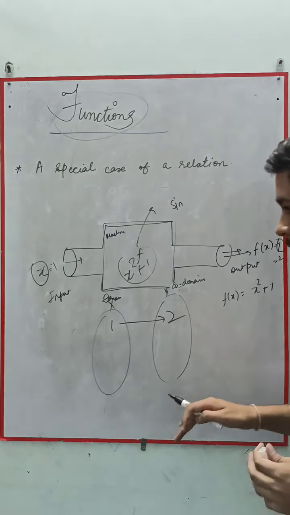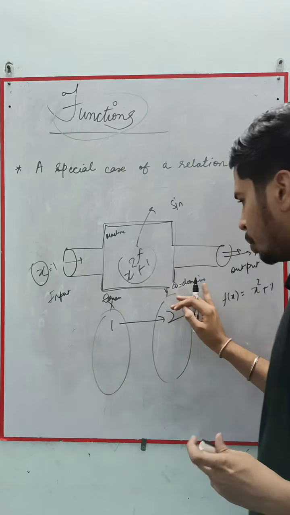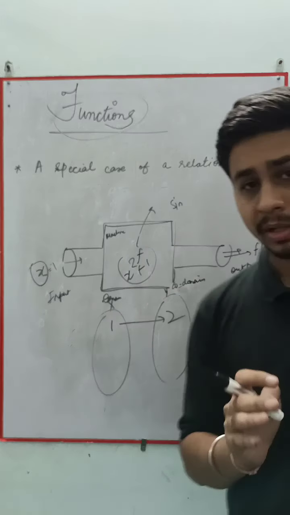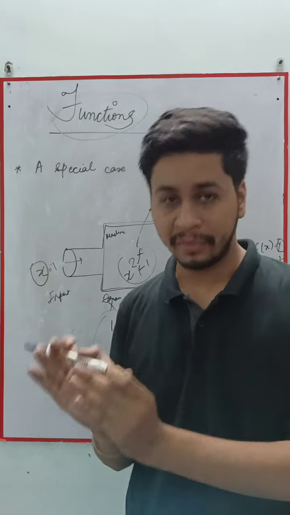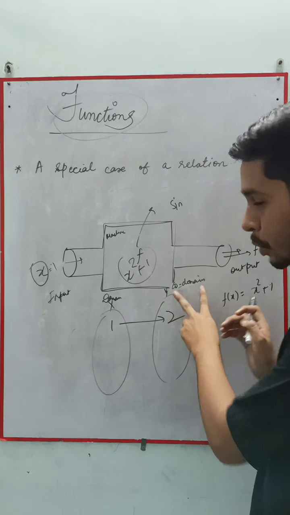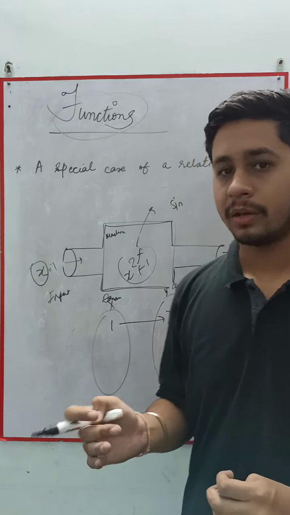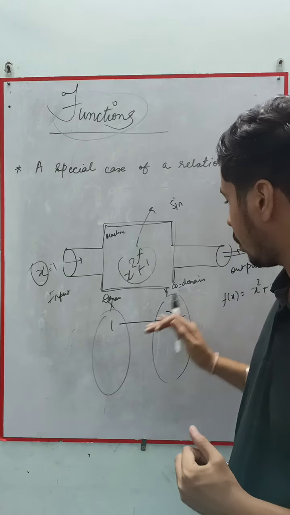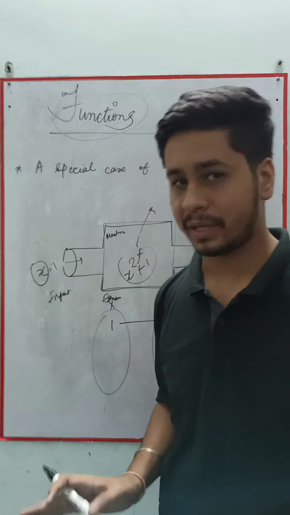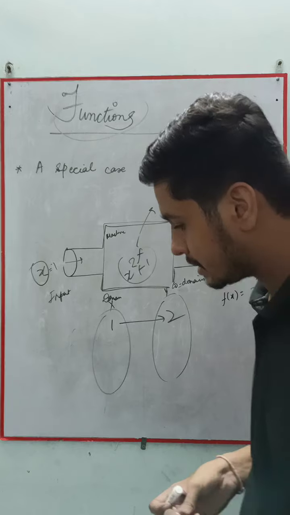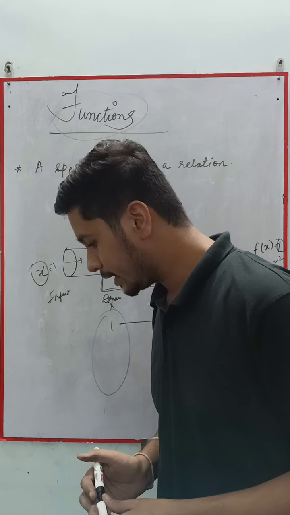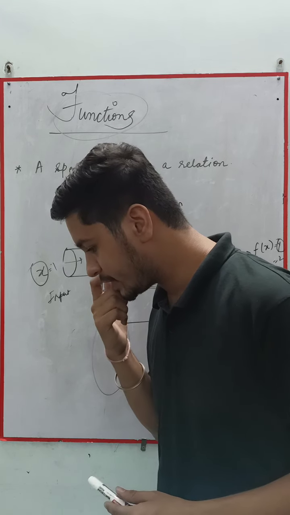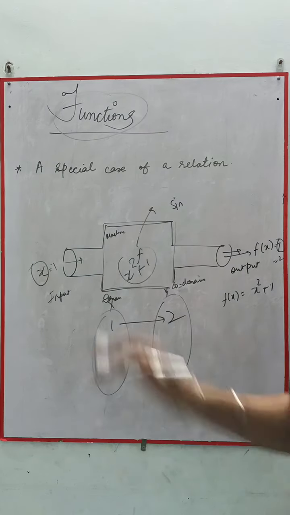I'm not going into this now. There is a difference between codomain and range. Sometimes you can call codomain the range according to the question, but codomain cannot always be the range, because there can be some difference. Okay, then let's talk about the main features of a function. Let me just rub it.